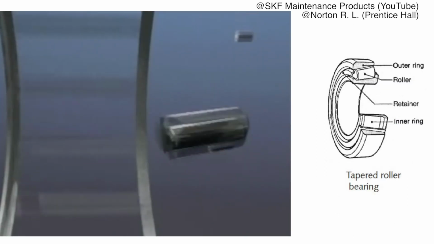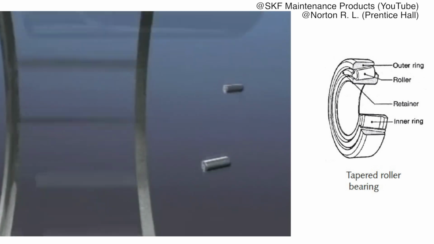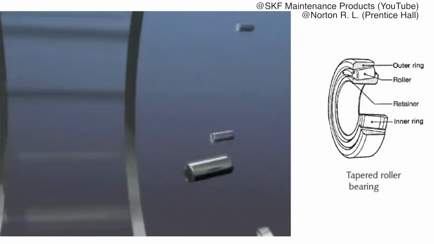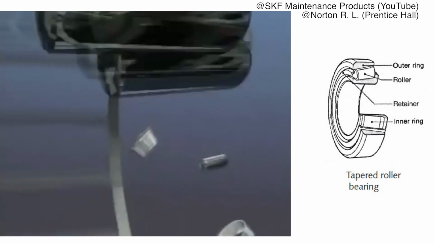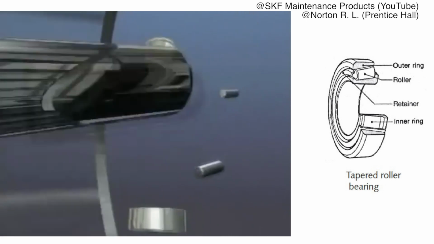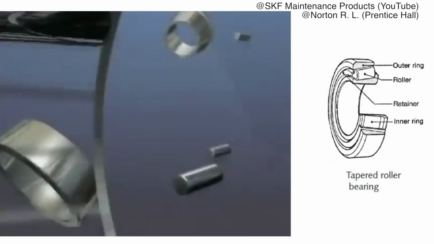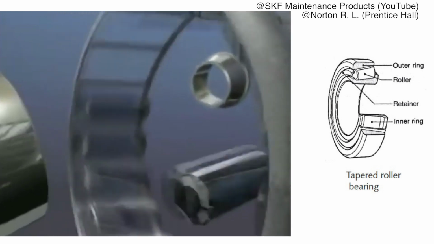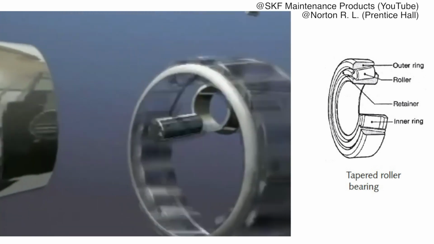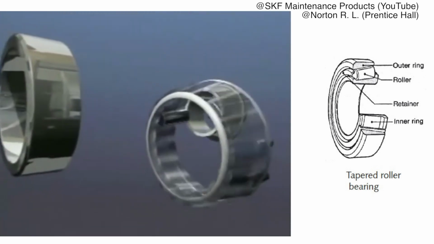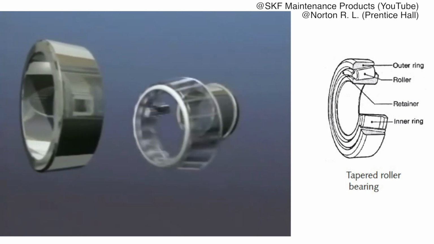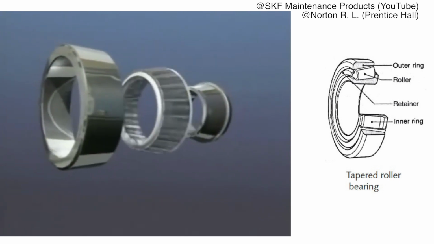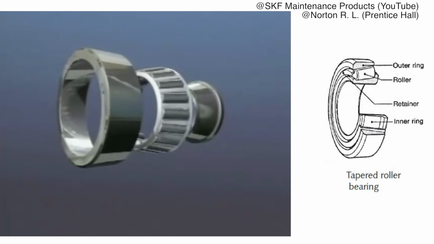A tapered roller bearing is designed to handle both radial and thrust loads. These bearings are available in single, double, and 4-row designs depending on the requirements of the application. They utilize tapered rollers that are oriented at an angle to support the thrust loads.